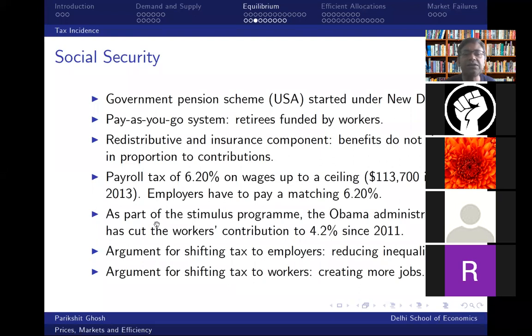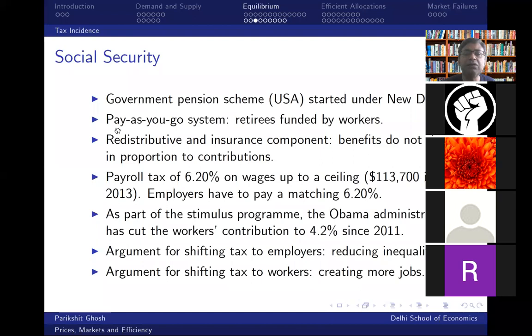So the way it goes is it's what's called a pay-as-you-go system. The government at any given point in time is collecting these taxes from workers who are not retired, who are active, and that money is used to provide the social security checks, benefits for people above 65.